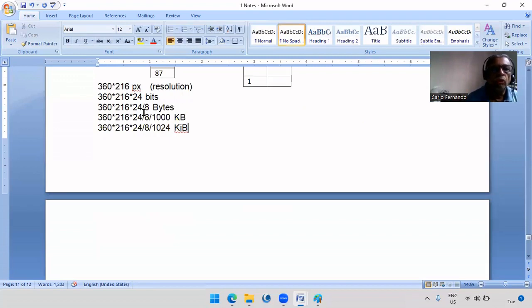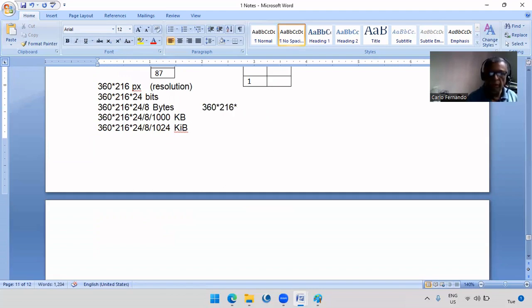So this 24 divided by 8 can be written as multiply by 3, instead of this.